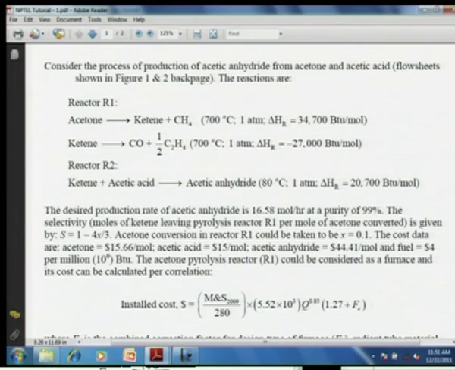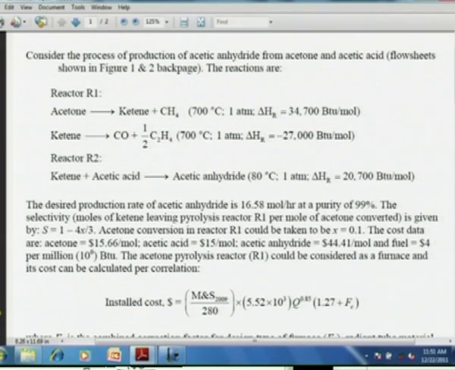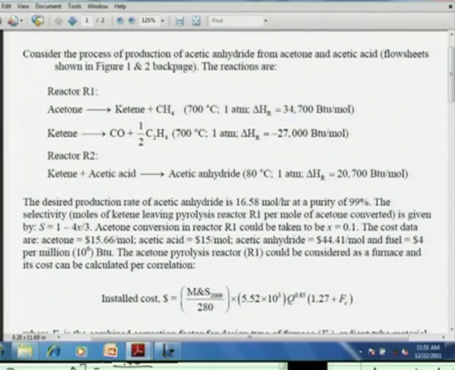The ketene is an unstable species which can further decompose to carbon monoxide and ethylene. This side reaction also occurs at the same temperature and pressure, but since it is a dissociation process, it is exothermic, and the heat of reaction is minus 27,000 BTU per mole.